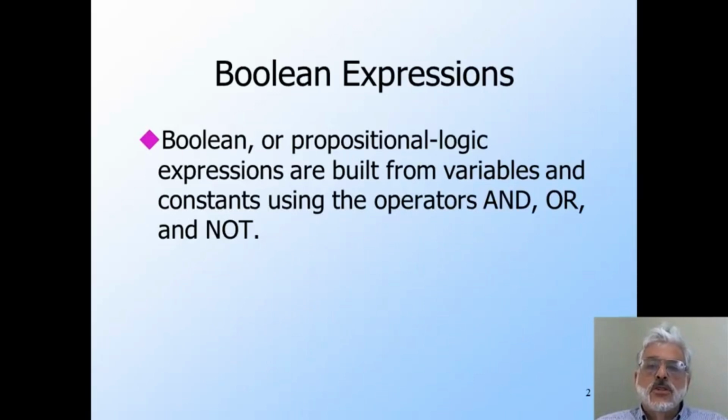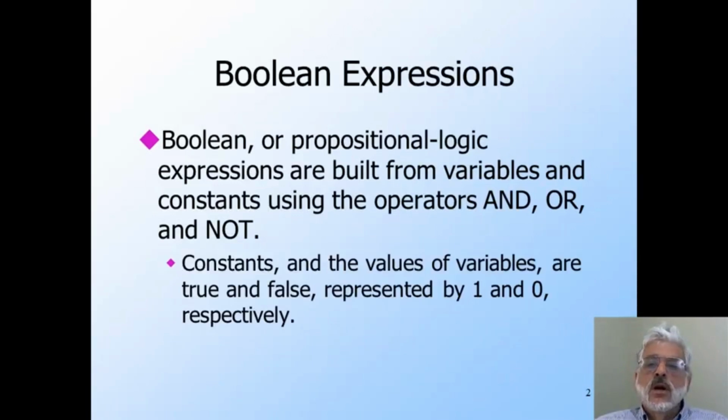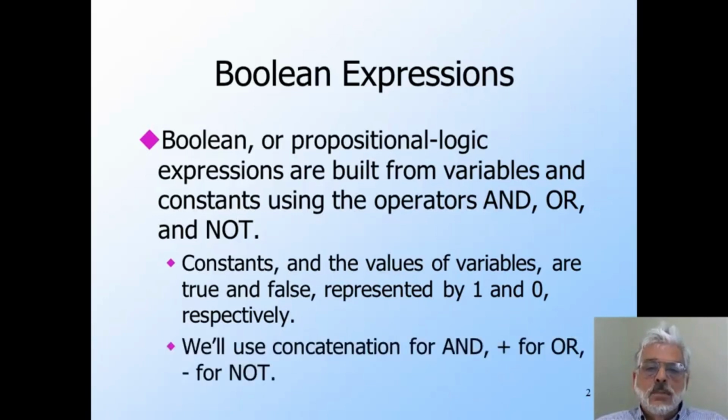These expressions consist of constants, variables, and the operators and, or, and not. There are only two constants, true and false, which we'll usually represent by 1 equals true and 0 equals false. The variables can only take on these two values as well. The operators and, or, and not have the usual logical meaning. When we write these expressions, we'll use concatenation, that is, no operator symbol for and.